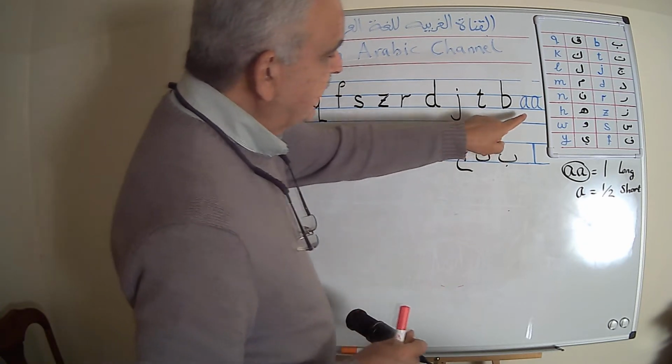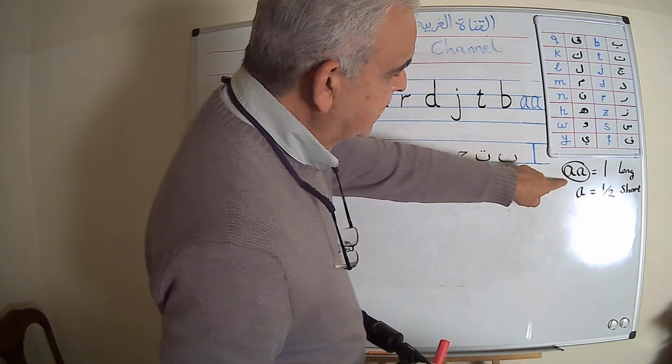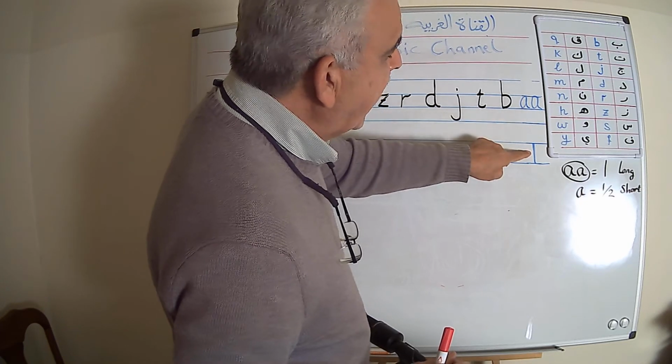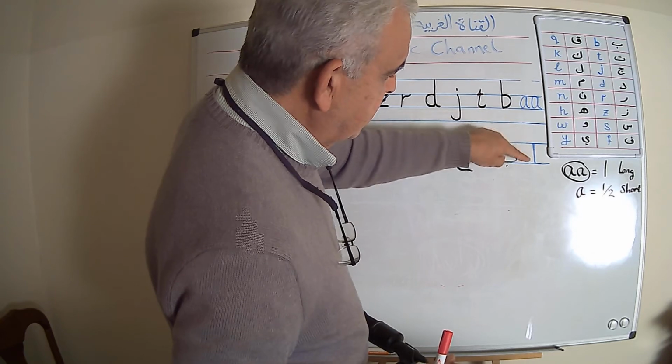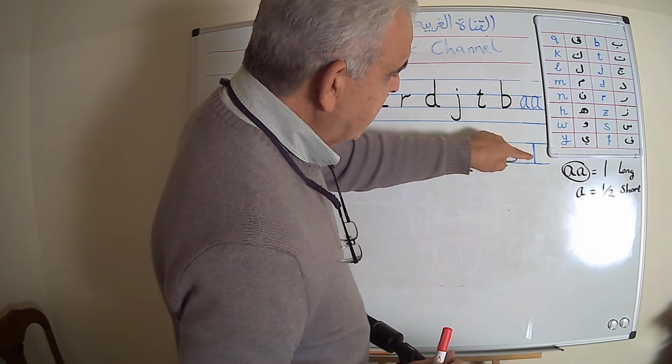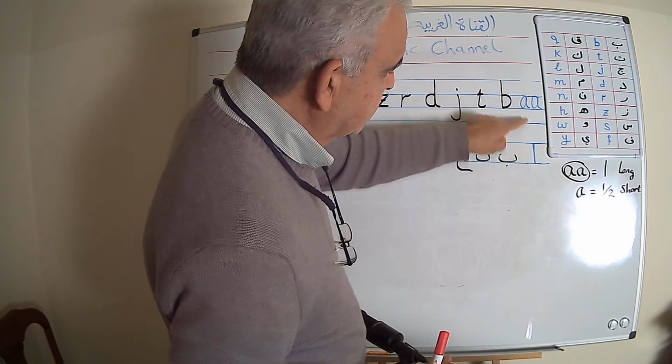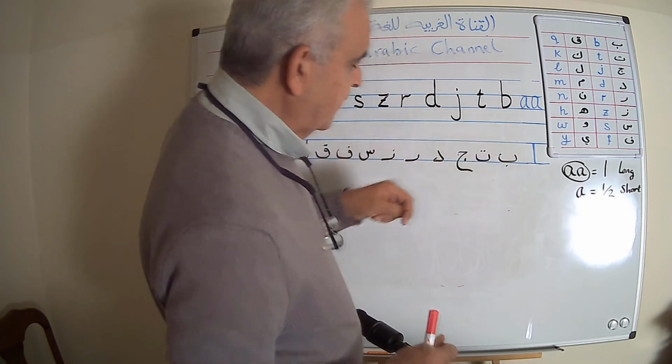Okay, and A here is equal to the a sound in Arabic. This line from here is a, we call it a sound, and this is a vowel.